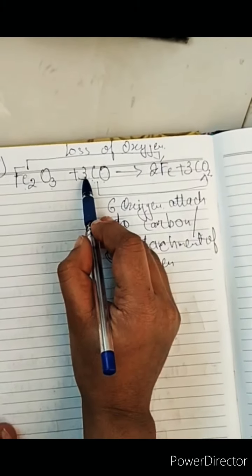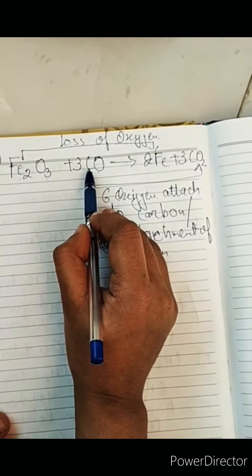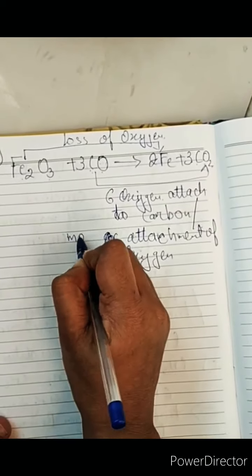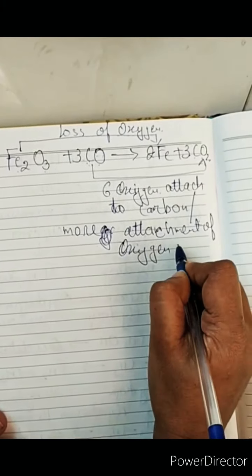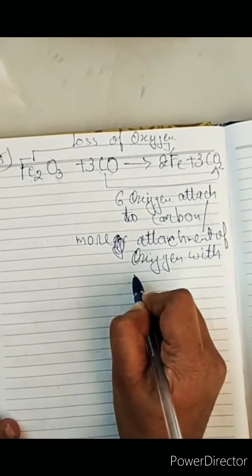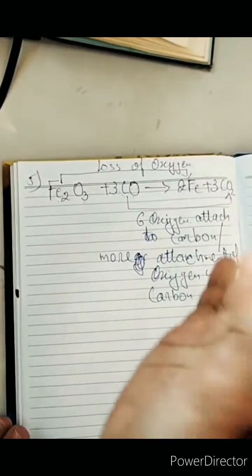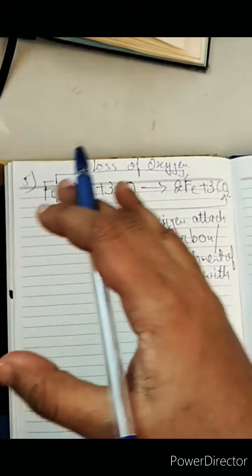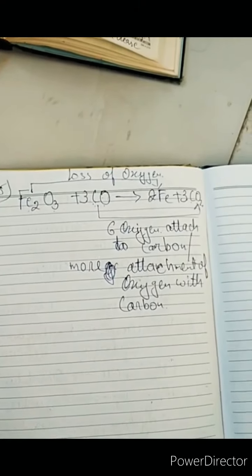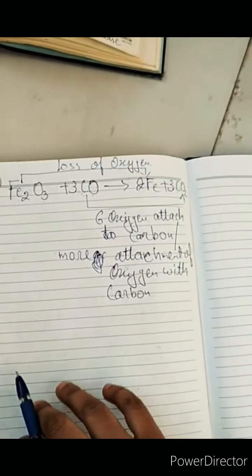Look here, only 3 oxygen is there with carbon, here 6 oxygen is there with carbon, so more attachment of oxygen with carbon. So now we will look at our definition and find out which element undergoes oxidation and which element undergoes reduction.